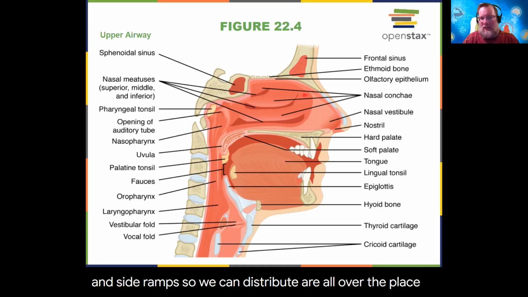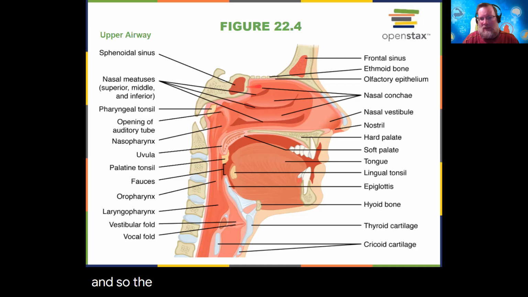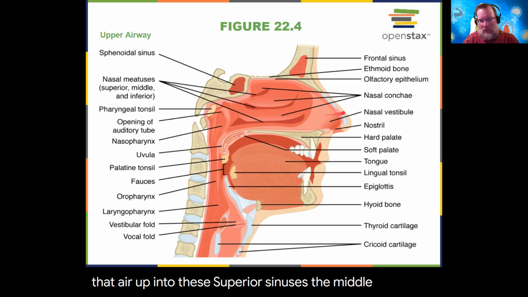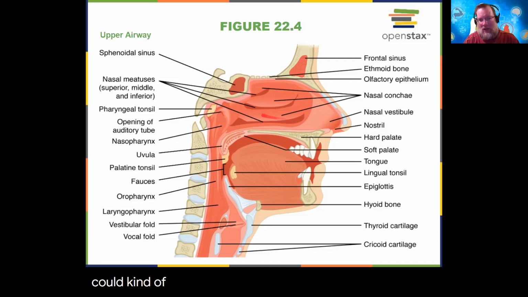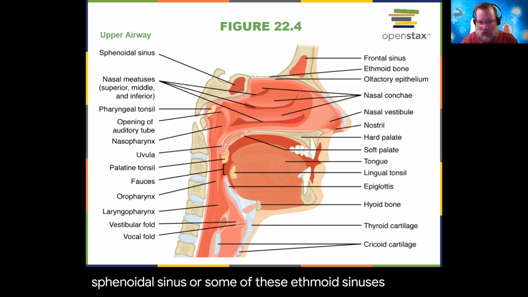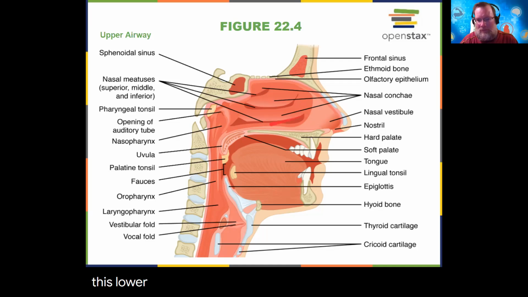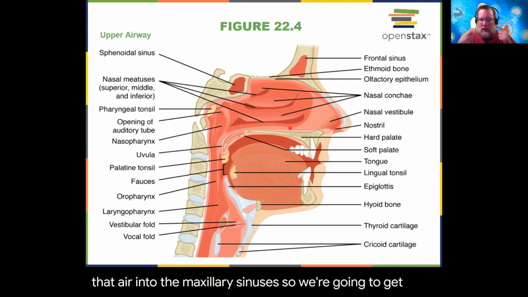In the superior aspect, we can bring some of that air up into these superior sinuses. In the middle region, we can funnel some of that air back to the sphenoidal sinus or some of these ethmoid sinuses. With this lower pathway, we can funnel some of that air into the maxillary sinuses.